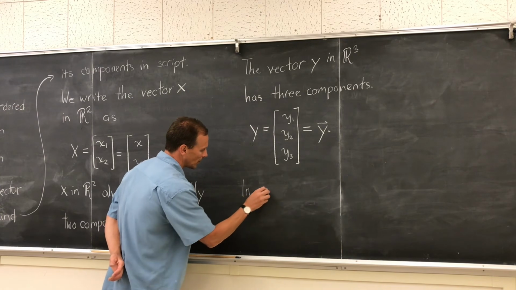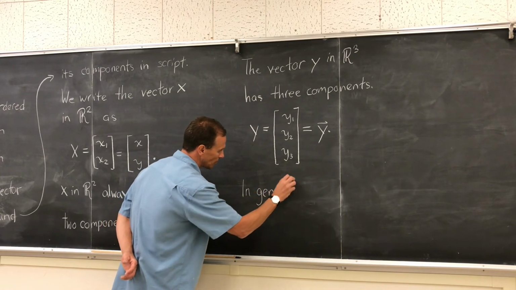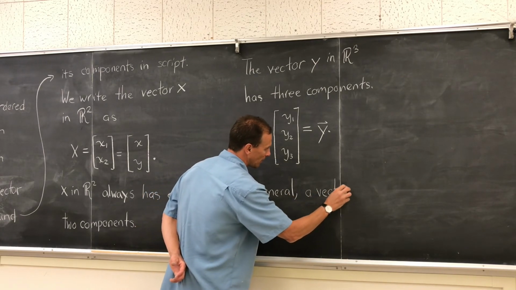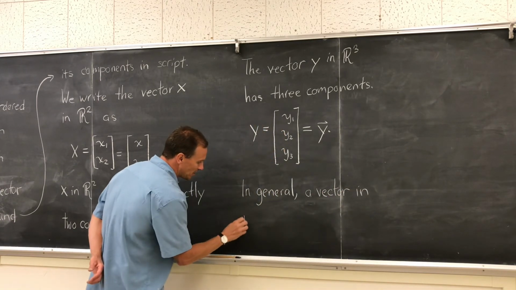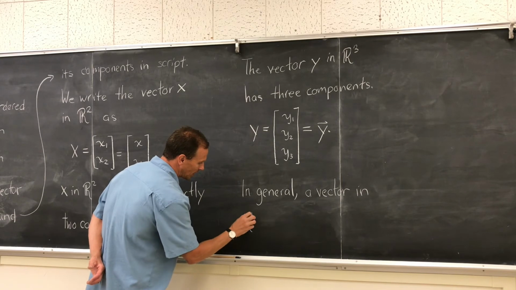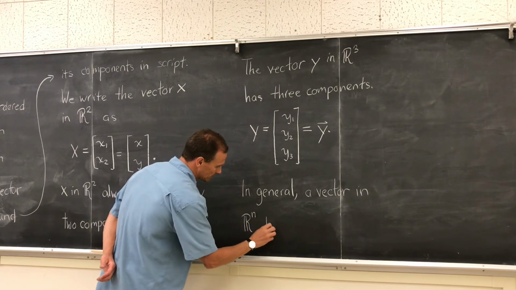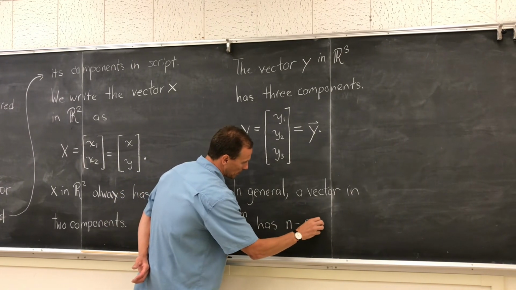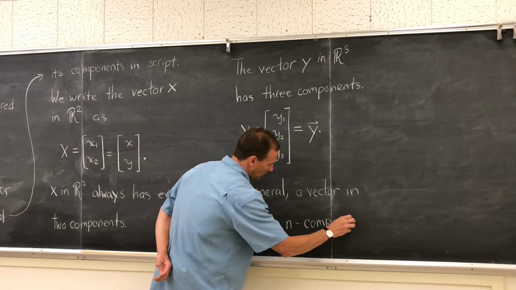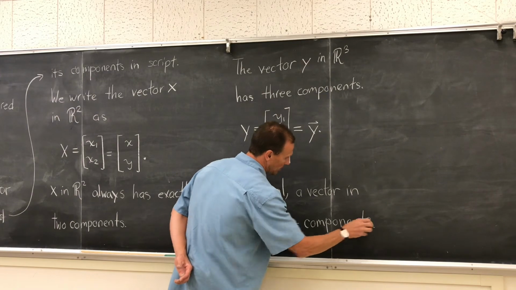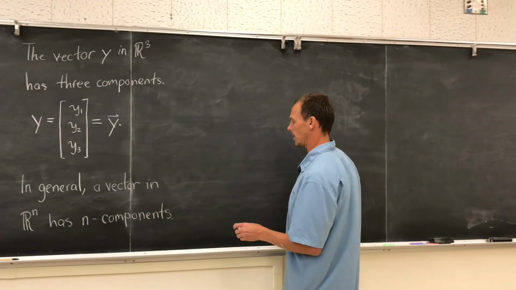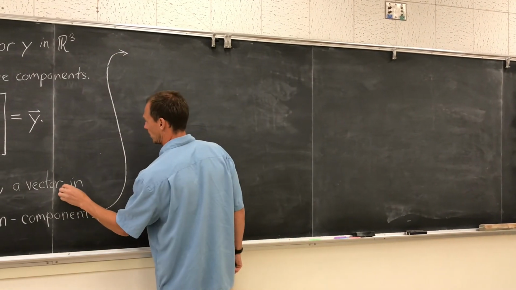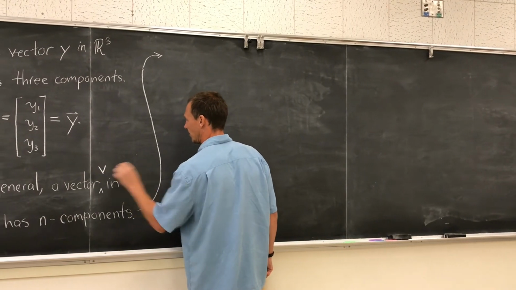Finally, let's do one more. In general, a vector in n-dimensional space, we'd write it as Rn, has n components. So I should have said a vector v in Rn.